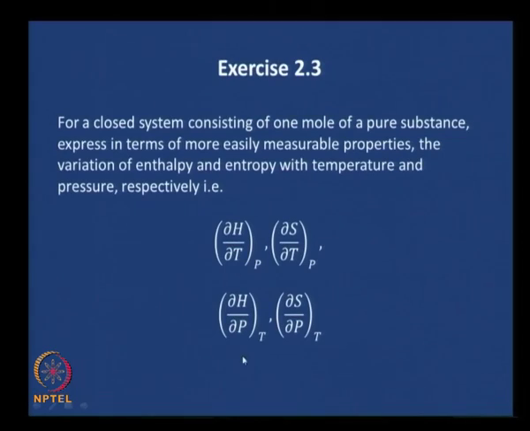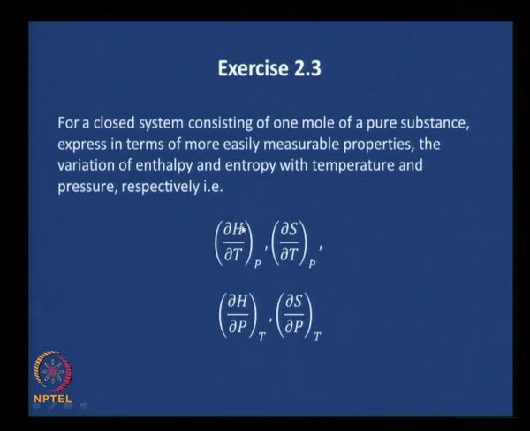The problem is as follows: for a closed system consisting of 1 mole of the pure substance, makes things easier, express in terms of more easily measurable properties the variation of enthalpy and entropy with temperature and pressure respectively.